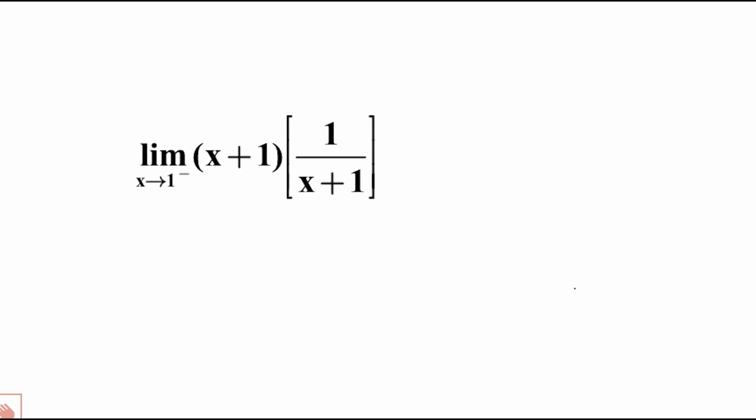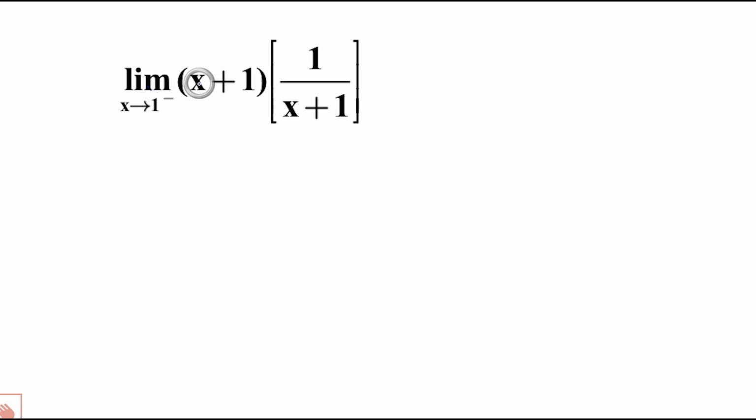Number 3. The limit of x plus 1 times the floor of 1 over x plus 1 as x approaches 1 from the left.